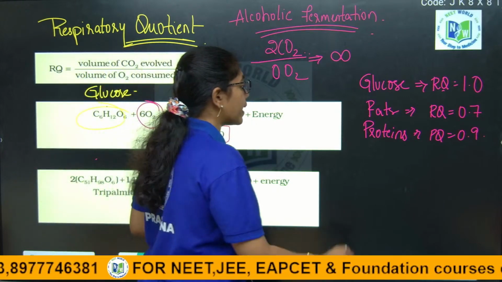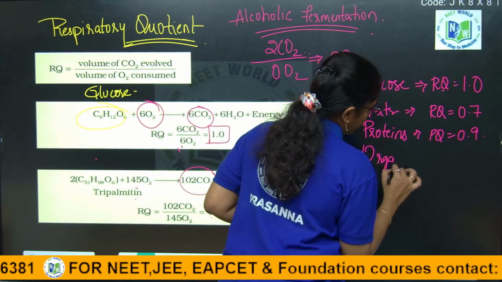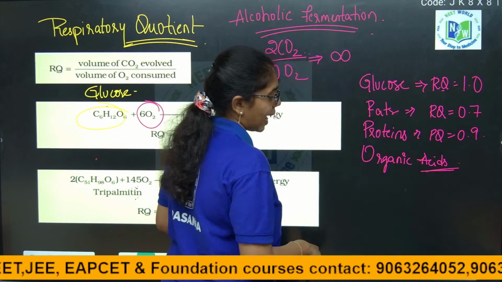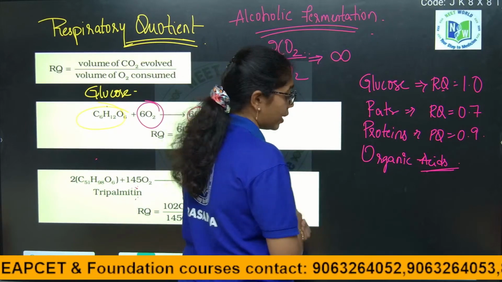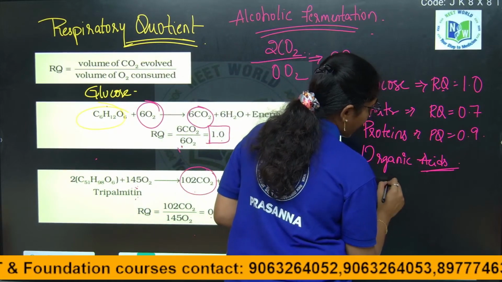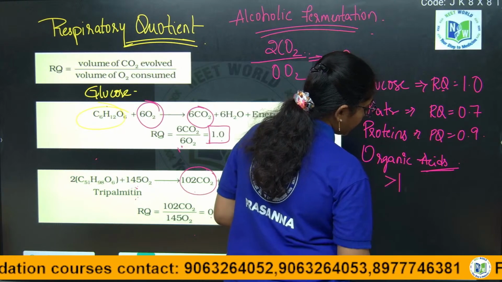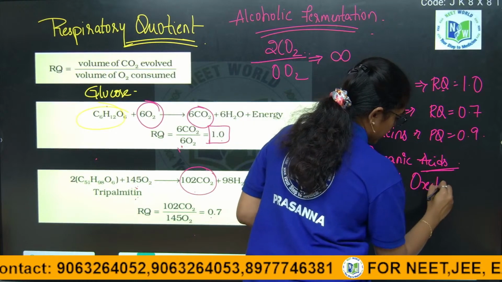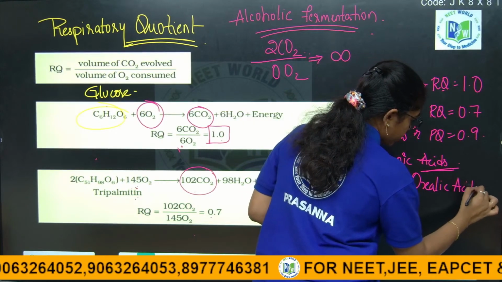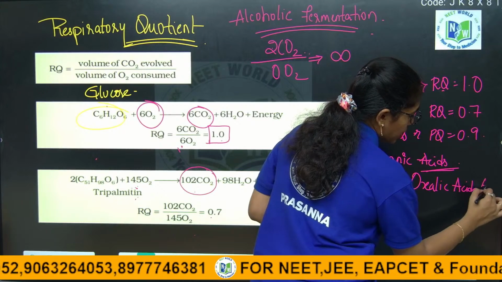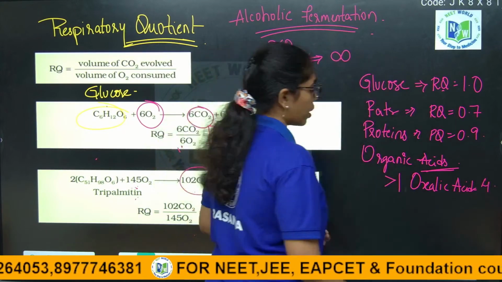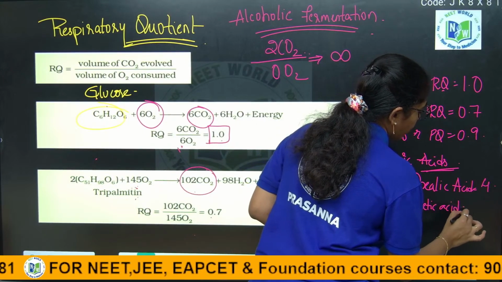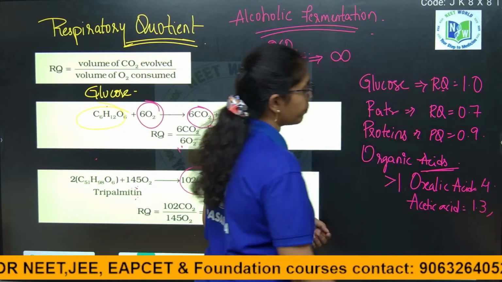Next comes the organic acids. For oxidation of these organic acids, the RQ value will be greater than 1, okay. If you consider oxalic acid, the RQ value is 4. Then malic acid, the RQ value is 1.3 as such.